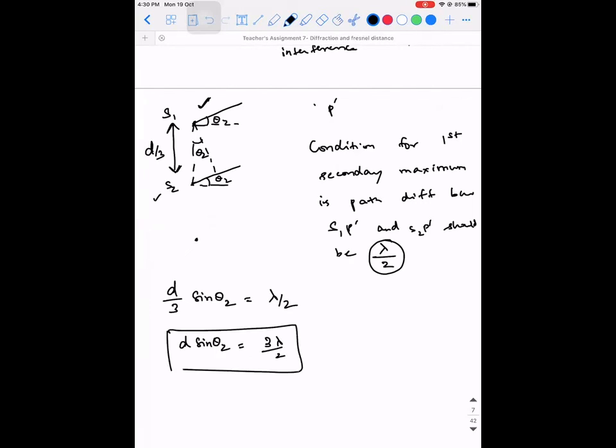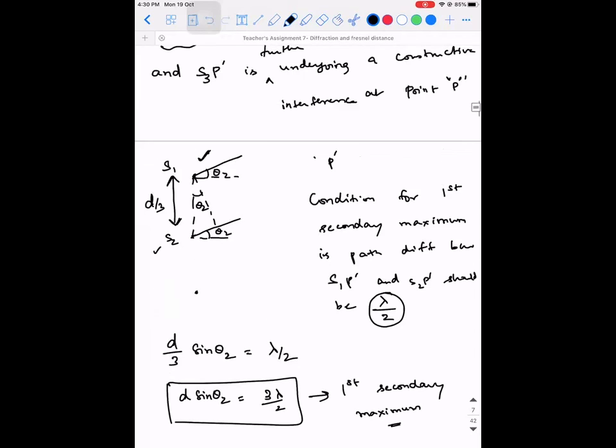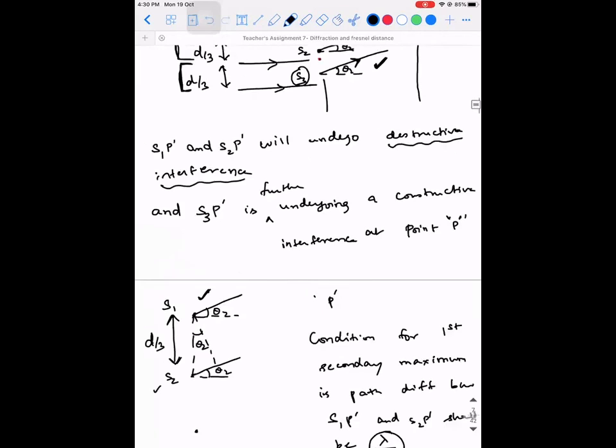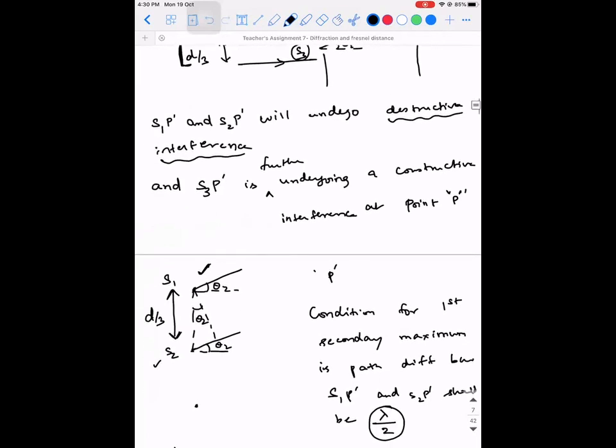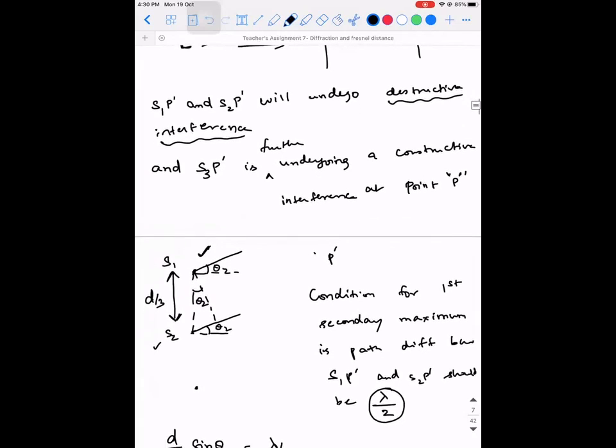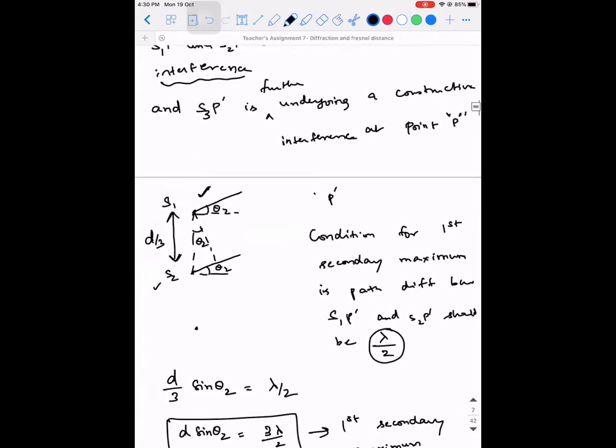So this is the condition for the first secondary maximum. This is a mathematical condition: d sine theta 2 is equal to 3 times lambda divided by 2. This is the condition for first secondary maximum. Make a note.